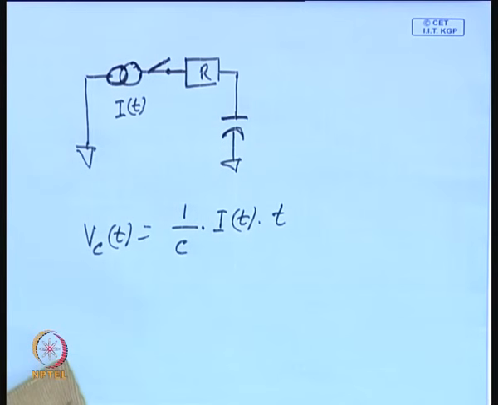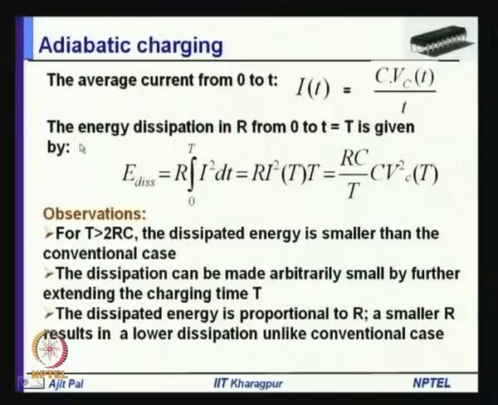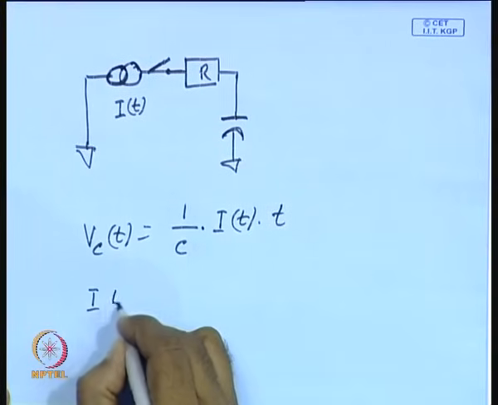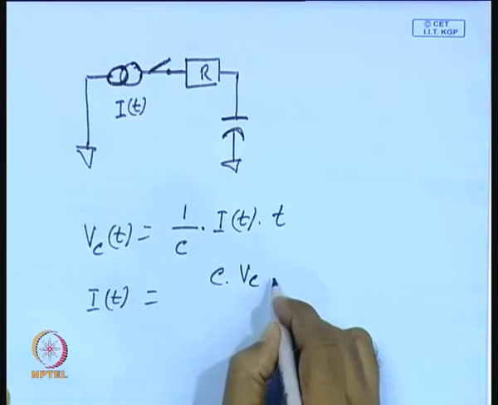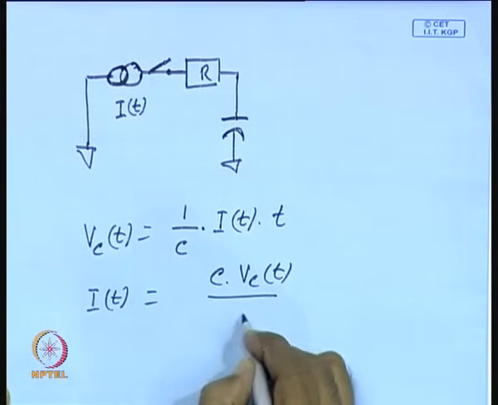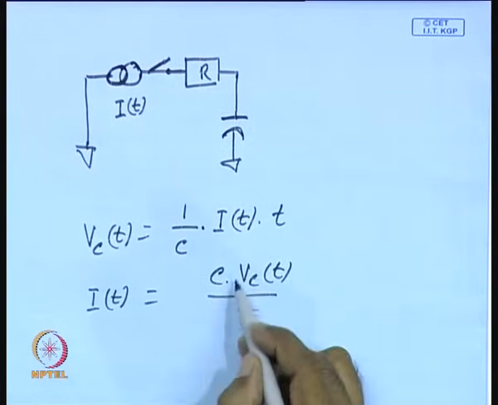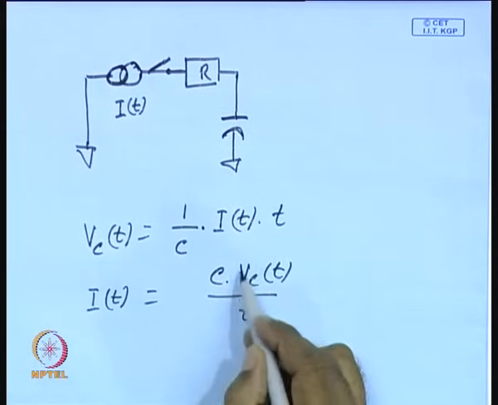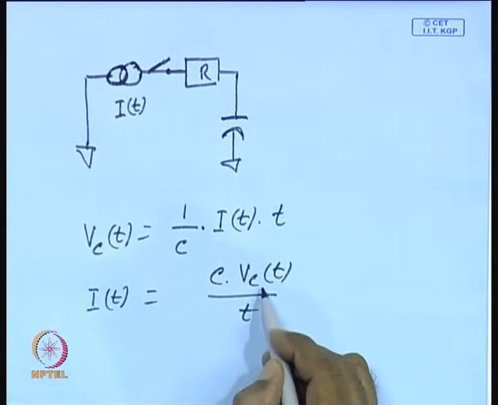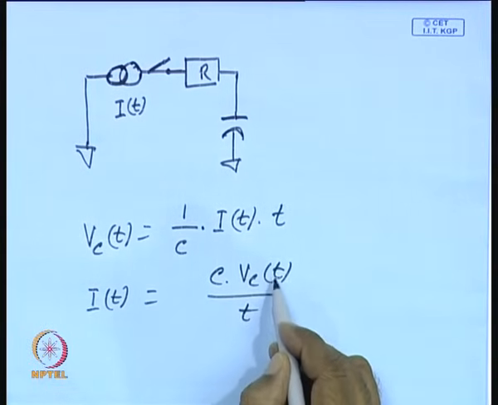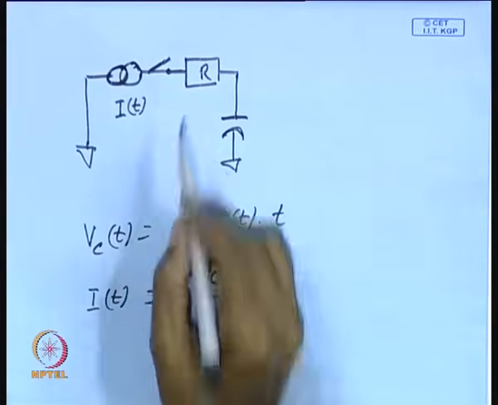And what is I(t)? That time varying current will be equal to C into Vc(t) by t. Let us assume this time varying current is arising because of a time varying voltage that is being applied across it.